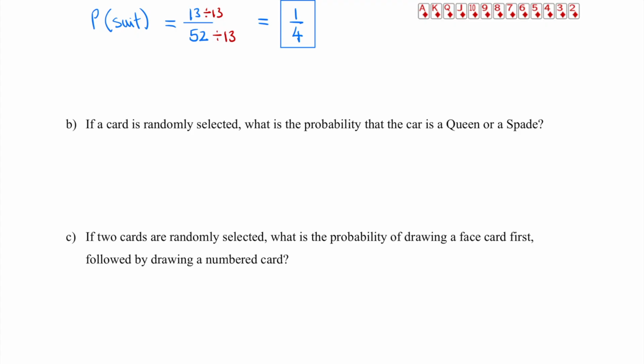Question B. If a card is randomly selected, what is the probability that a card is a queen or a spade? Let's identify our events. One event is drawing a queen, and the other event is drawing a spade. There are 4 queens and 13 spades in the deck of cards. Before calculating, ask yourself, can a card be both a queen and a spade?